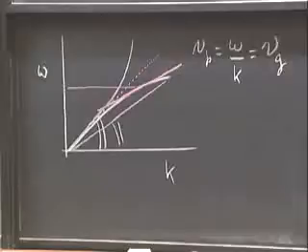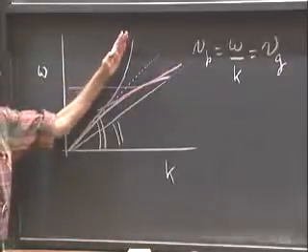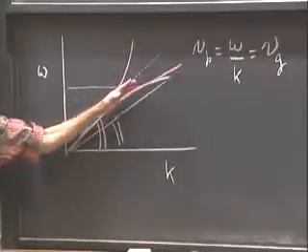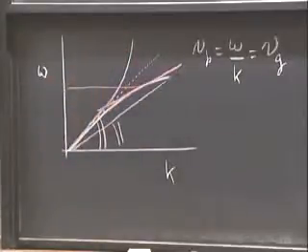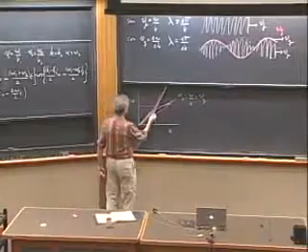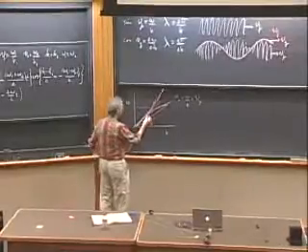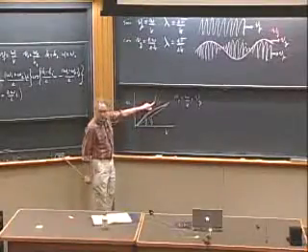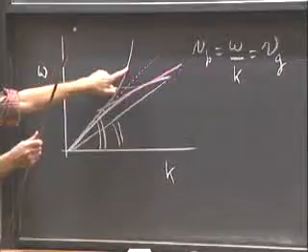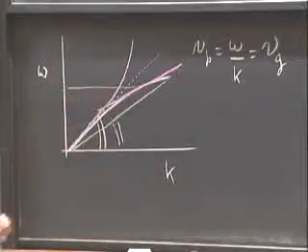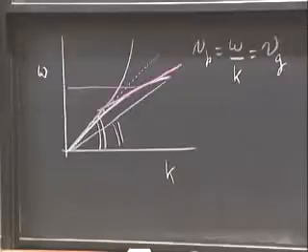So now you have enough knowledge to tell me that at high frequency the phase velocity is higher than at low frequency because the slope is higher. You also can see that the group velocity at high frequency, which is the tangent, is higher than the phase velocity. Pick any point here, and you will see that the tangent has a higher slope than the line straight through here. So the group velocity at any point is larger than the phase velocity.